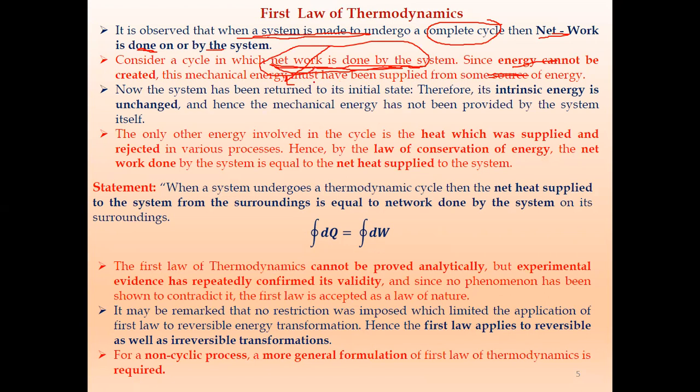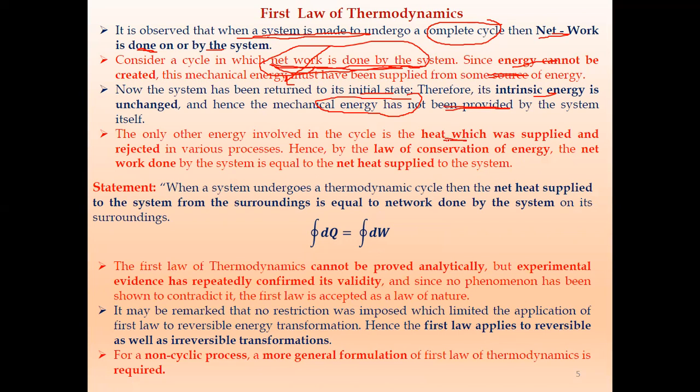Now the system has returned to its initial state. Therefore, the intrinsic energy is unchanged, because there is no energy change. Hence, the mechanical energy has not been provided by the system itself. So there must be some energy supplied, some source of energy. The only other energy involved in this cycle is nothing but the heat energy.